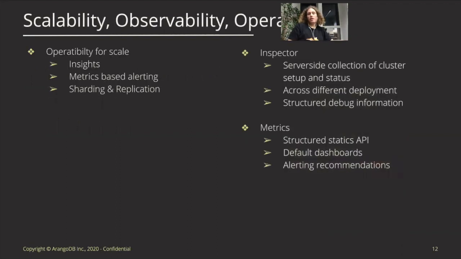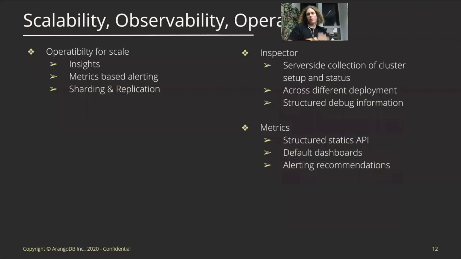Now, scalability, observability, and operability. In 3.6, we did a lot of work on scaling to larger clusters and also operating those larger clusters. As already mentioned, we have this inspector, which allows for server-side collection of setup and status, across different deployments.